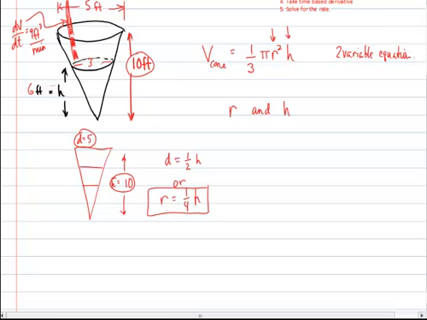So we're going to use that to rewrite our volume of the cone equation. It's 1/3 pi r squared times h. I'm going to substitute in for the radius the expression in terms of height.